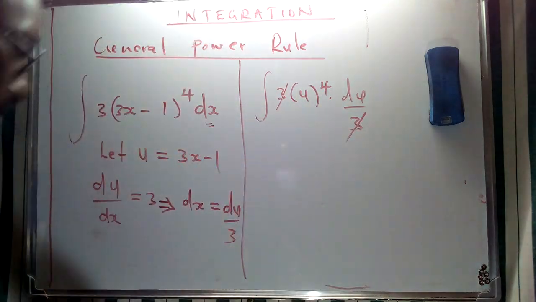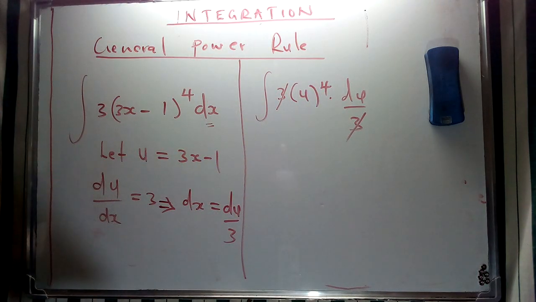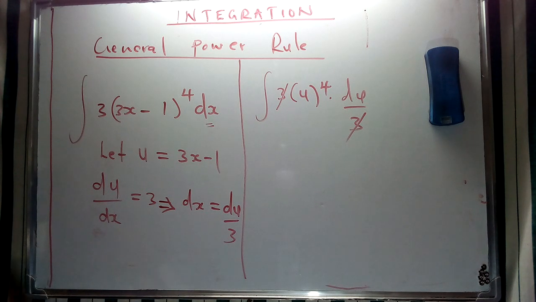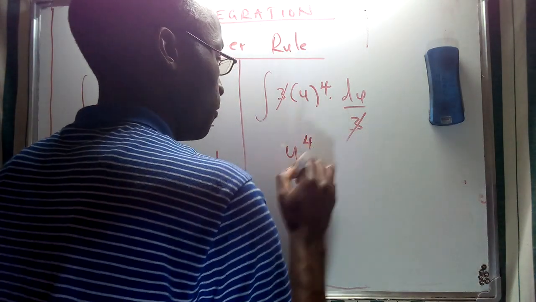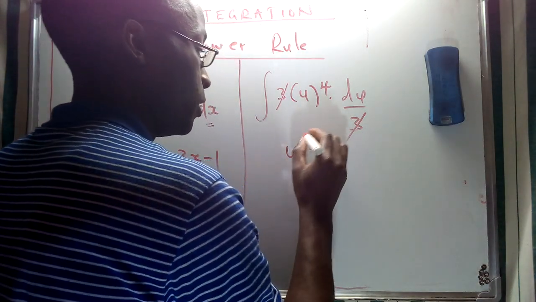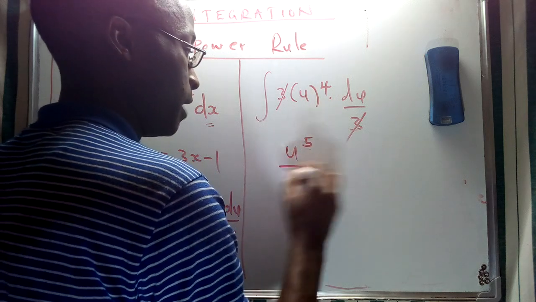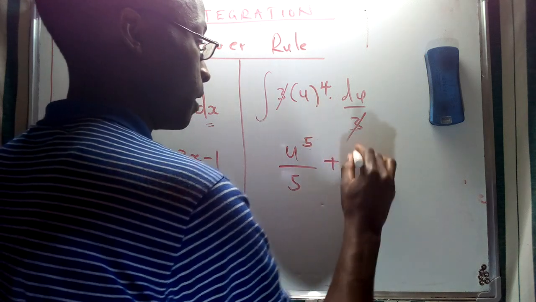Using the power rule of integration that we had done, this gives u raised to power 4 plus 1, which is 5, divided by 5, plus c.